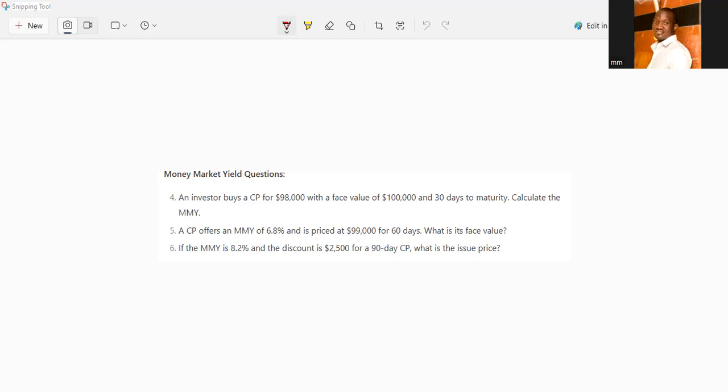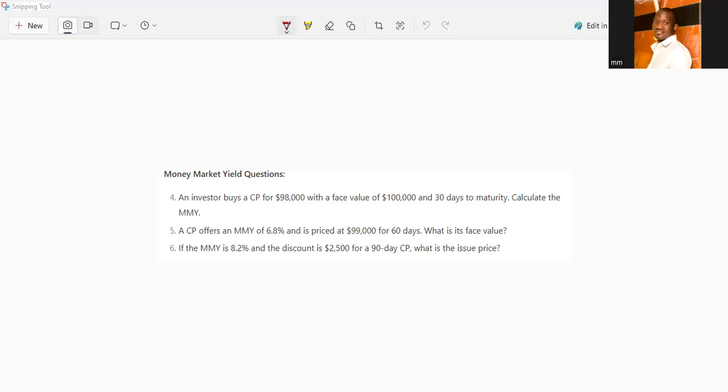It's mainly applicable to short-term discount instruments that have no periodic interest, like the commercial paper. It uses the purchase price as the base, unlike the discount rate, which uses the face value. It helps investors compute the yield of different money market instruments, and it is usually annualized, which allows you to compare across different maturities.